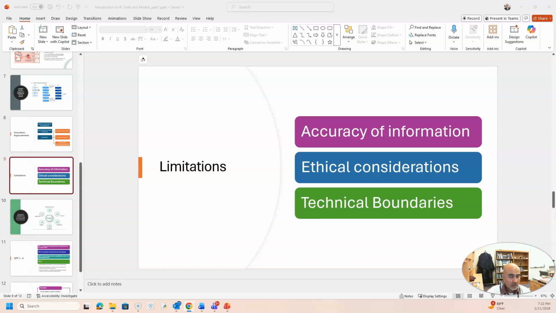You can also have a lot of ethical considerations, and this is a biggie for ChatGPT. The deployment of ChatGPT does raise several ethical concerns. There is potential for biases in the AI responses.